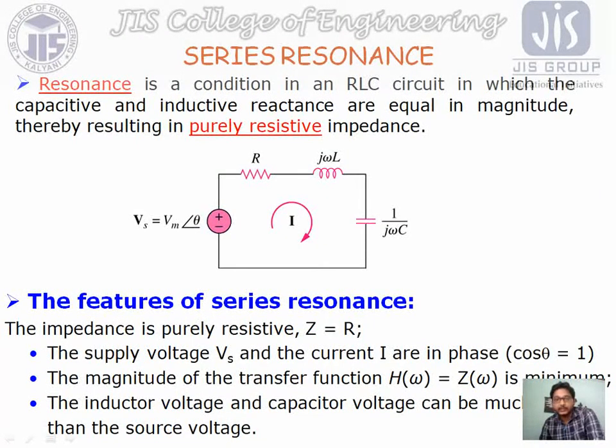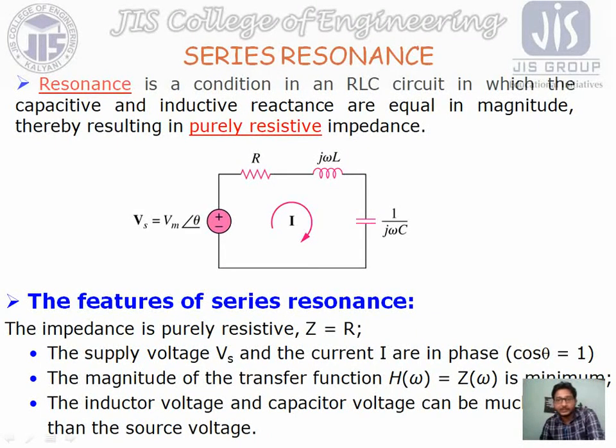And when resonance occurs, as the inductor nullifies the effect of the capacitor, or vice versa, the circuit will have only the effect of the resistor. And we know if a circuit has only the effect of resistors, it will be a purely resistive circuit, and for a purely resistive circuit, the power factor is always unity.